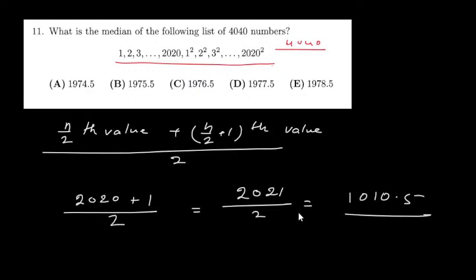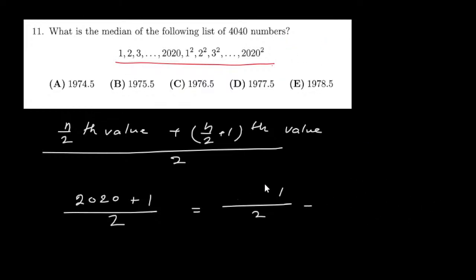What is the median of the following list of 4040 numbers? One more thing we missed, that here we have to arrange the data in ascending order. We have to arrange all this data in the ascending order. I cannot write like this. I will write from 1 to 2020, and then we have to arrange them in ascending order.